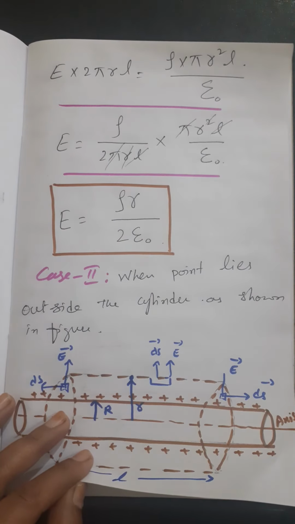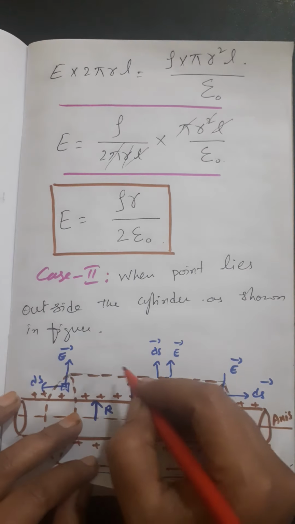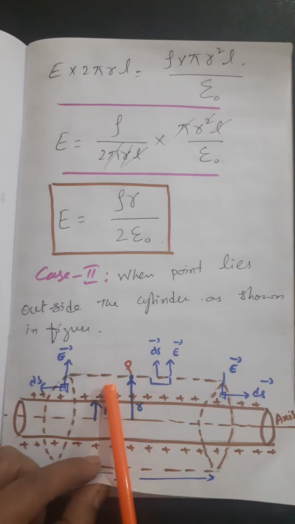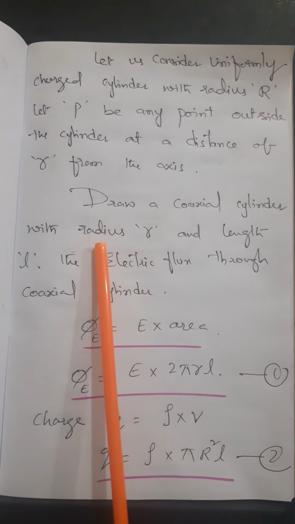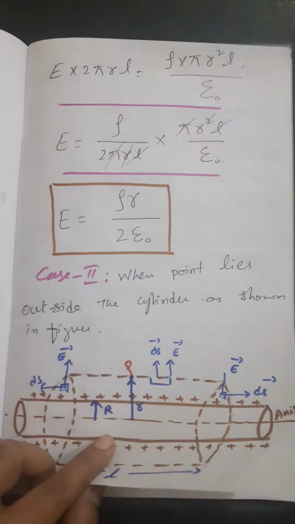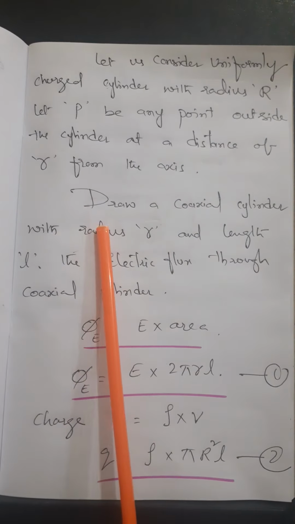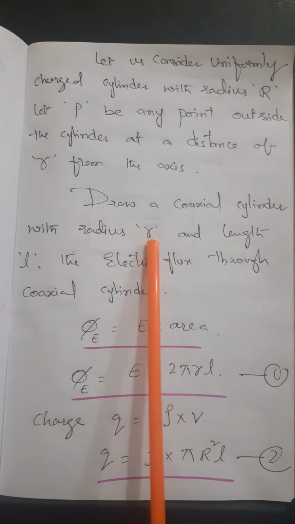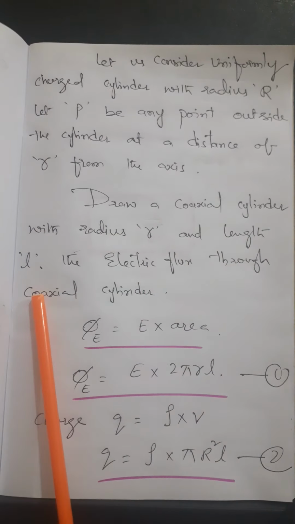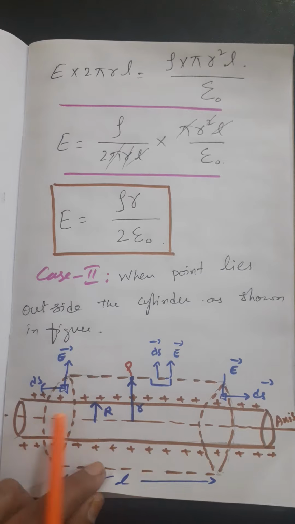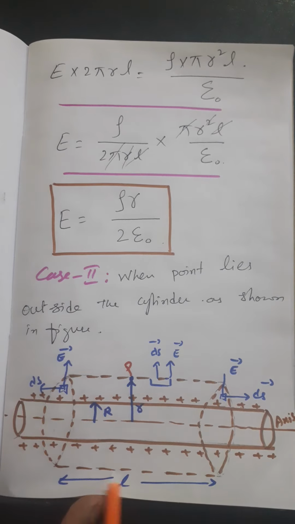Here the point P is outside the cylinder. Now draw a coaxial cylinder with radius r and length L.